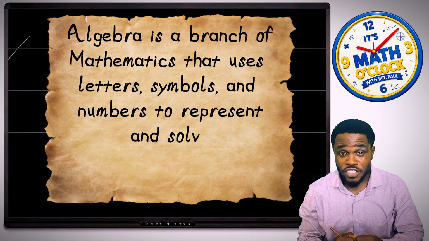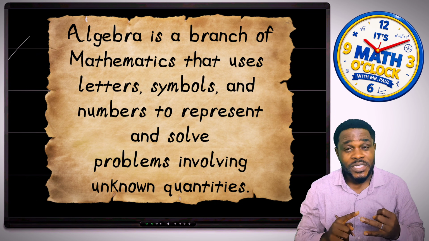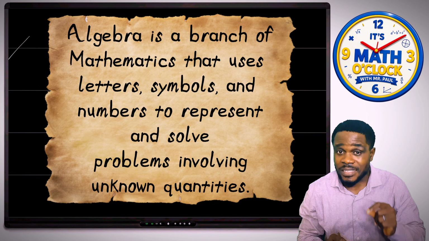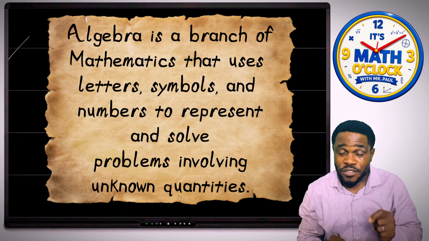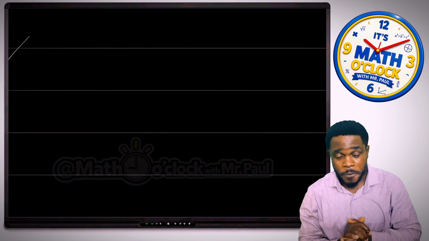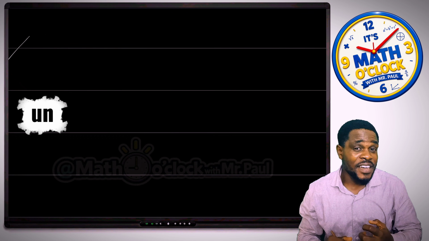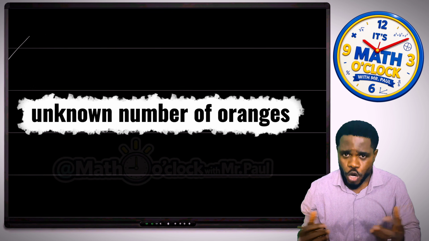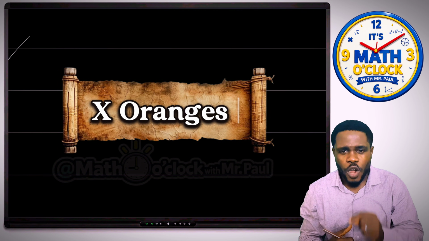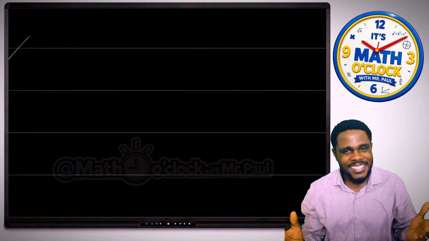Algebra is a branch of mathematics that uses letters, symbols, and numbers to represent and solve problems involving unknown quantities. For example, instead of saying I have an unknown number of oranges, I could say I have x number of oranges. Isn't that simple?